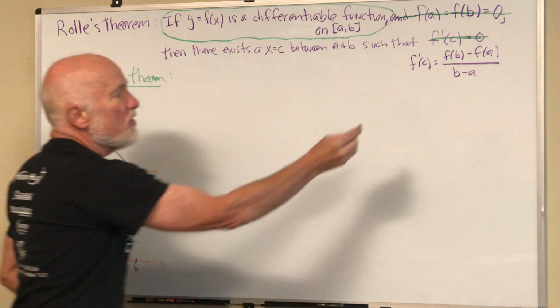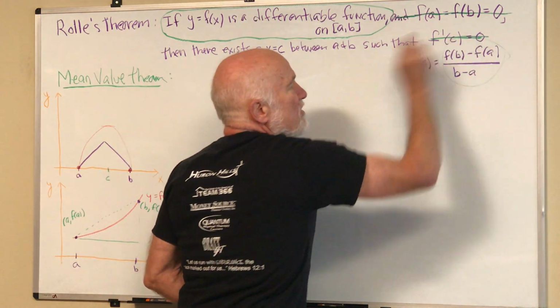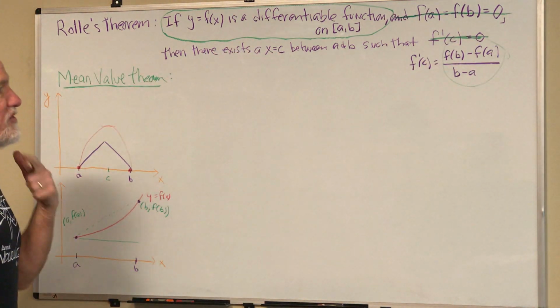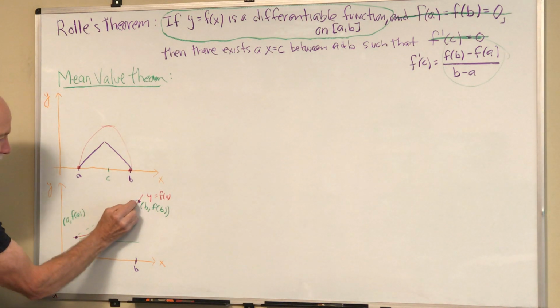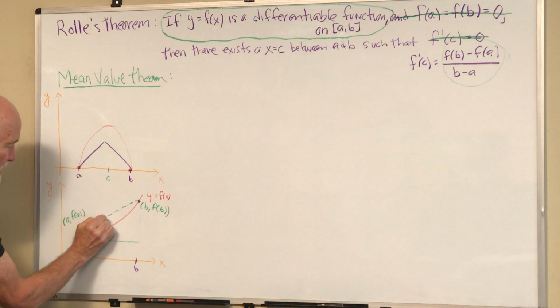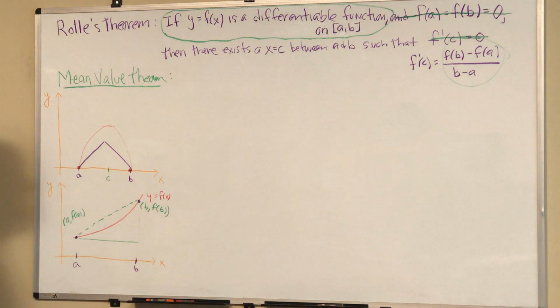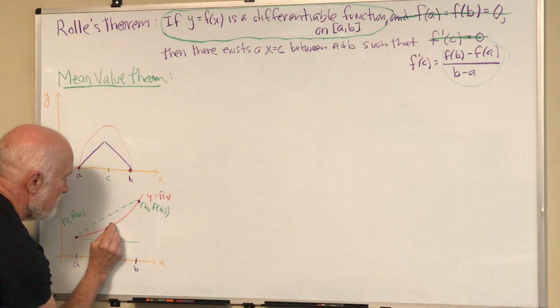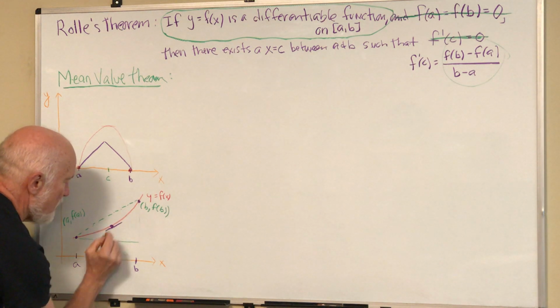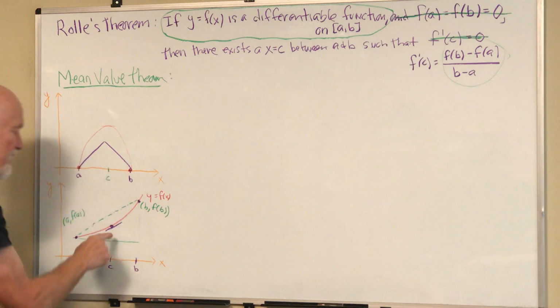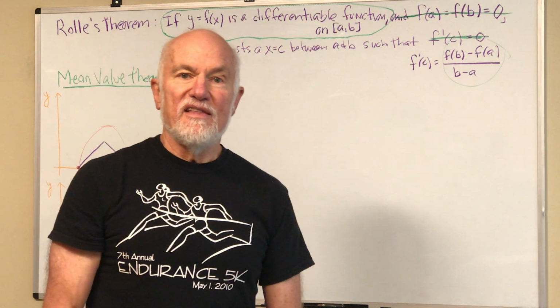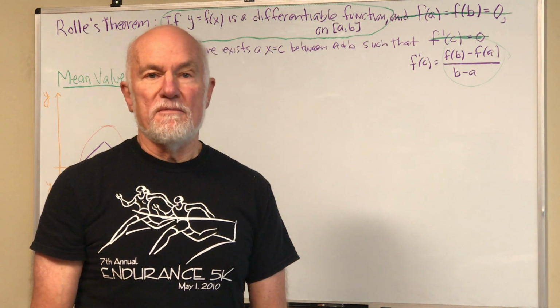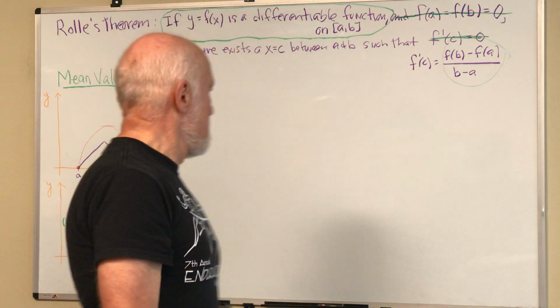So that expression over here just gives you the average rate of change of the function f from a to b. It's the slope of this dotted line right here. And all the mean value theorem is saying is that somewhere, maybe right there, f prime of c, the instantaneous rate of change, is equal to the average rate of change.